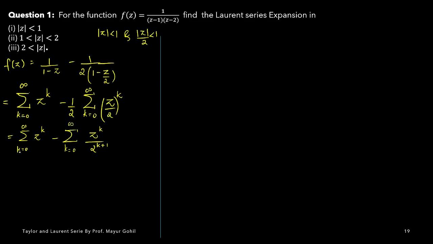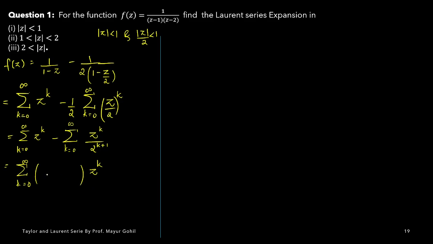I can now see that here the index is going from 0 to infinity, here also 0 to infinity. I can take the summation sign common. So I can now write summation k going from 0 to infinity, and this z to the power k can be taken common outside over here. So I'll write z raised to k.